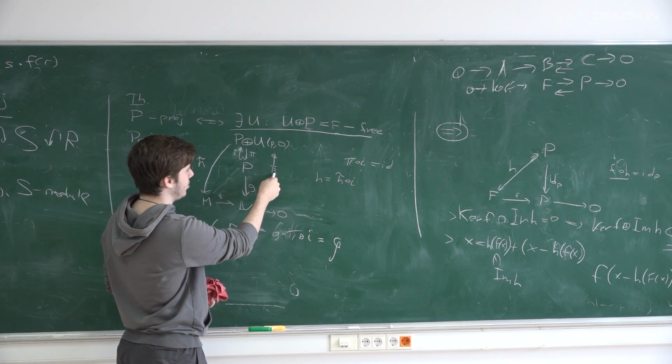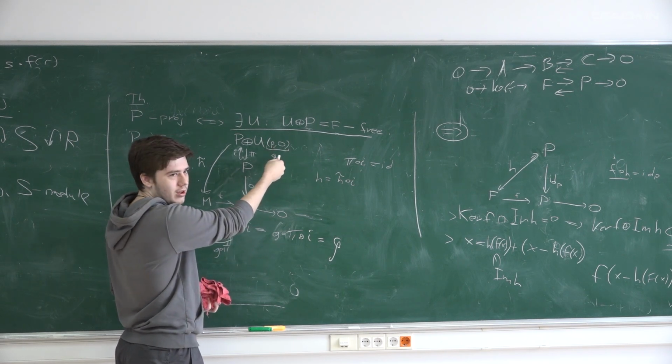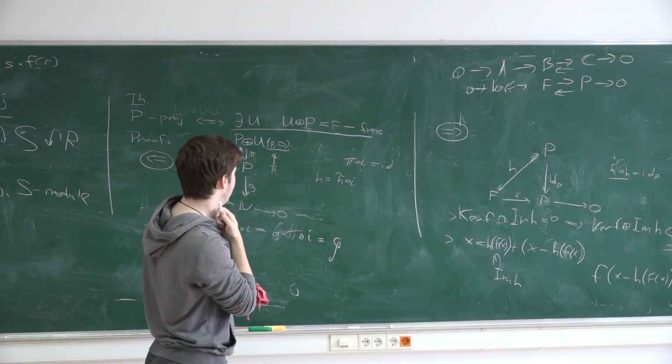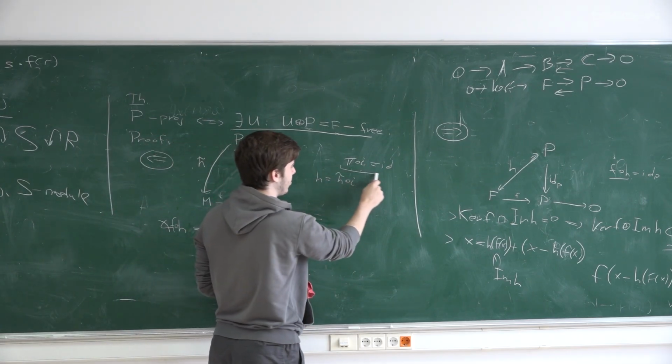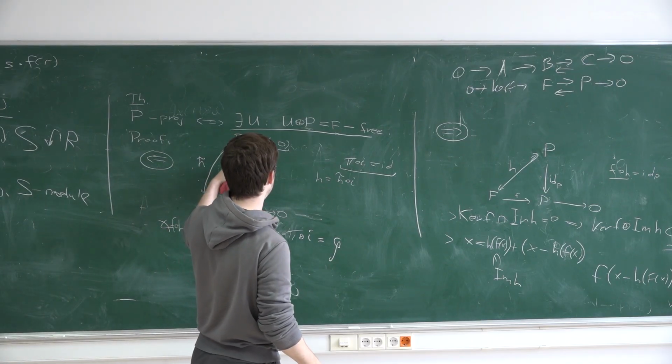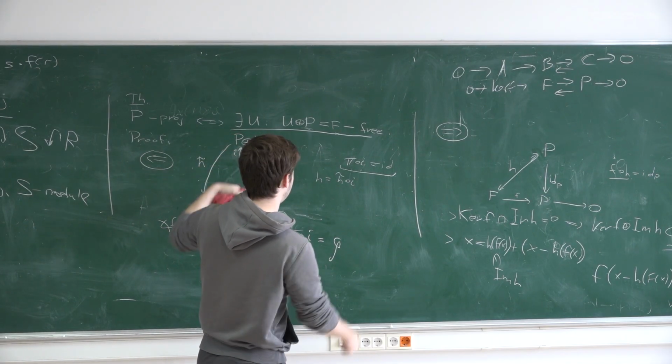Inclusion goes like this. P goes to the direct sum, P plus P prime. This inclusion satisfies this property. This must be the identity on what? On P, I think.